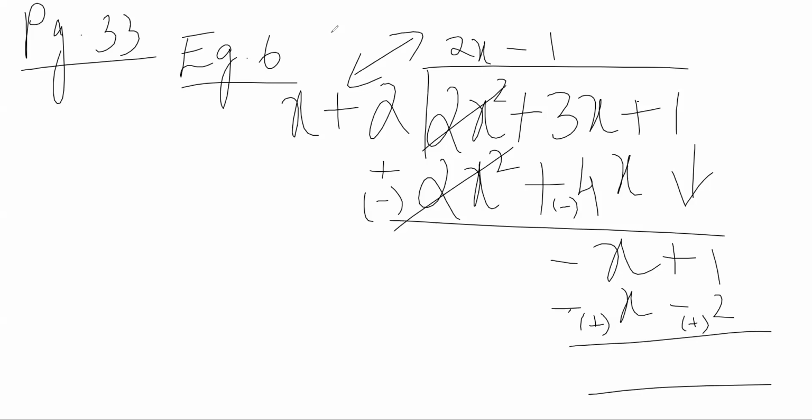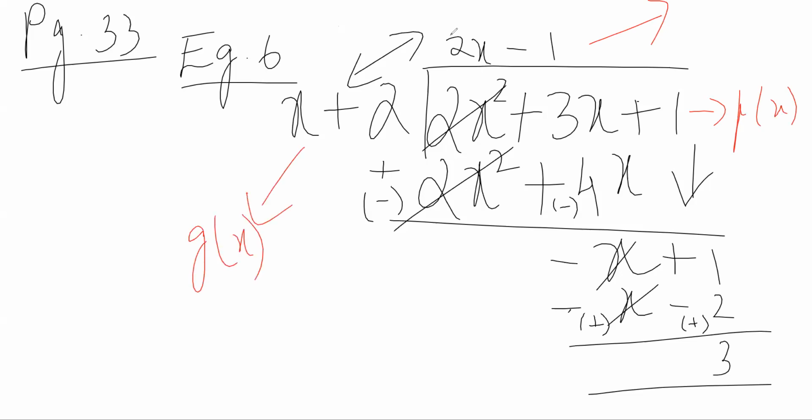Now here, this both gets cancelled, and plus 1 plus 2 will become 3. Now over here, this is P of x. This is Q of x. This is R of x.